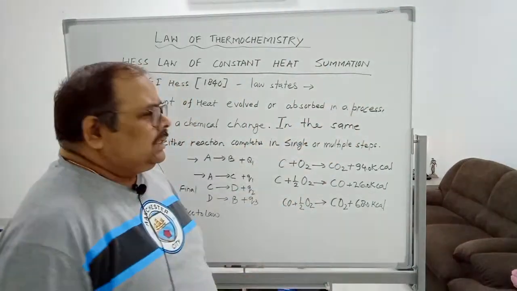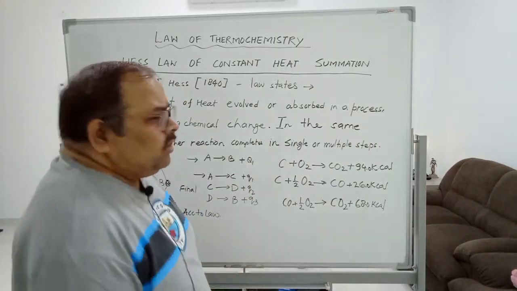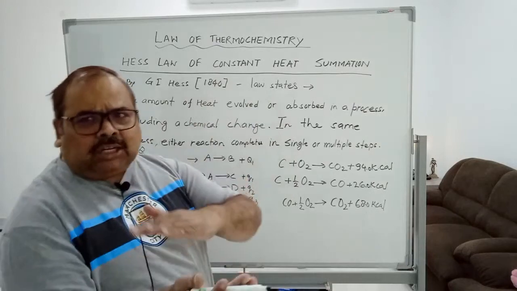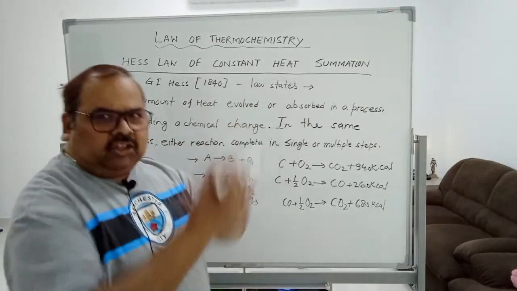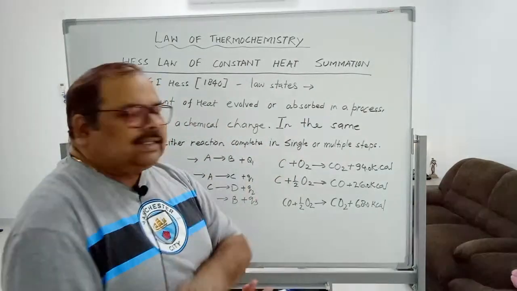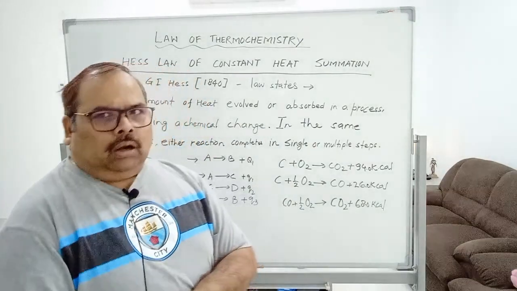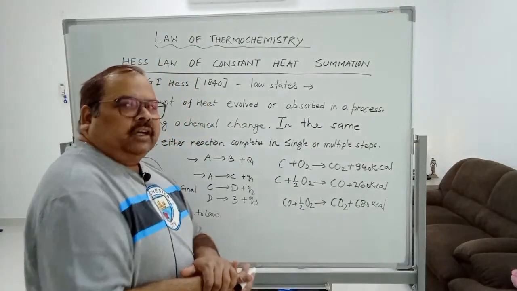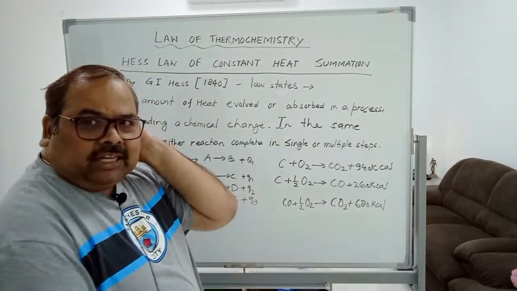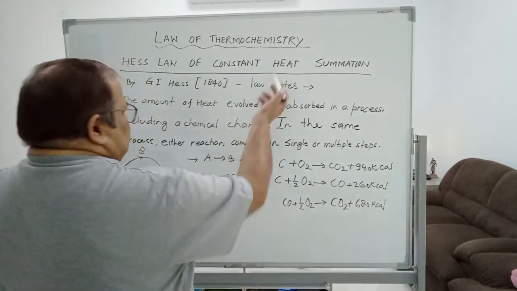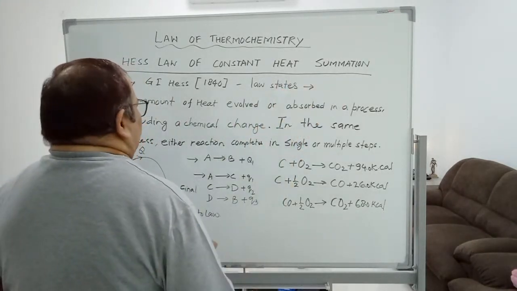in both the cases, first of all you must know that the reaction is either in a single step or in multiple steps. But in both the cases, the heat will be equal. No variation in heat would be there during the chemical change of the reaction. So this is the constant heat summation law.